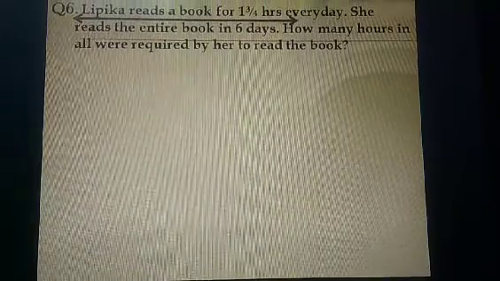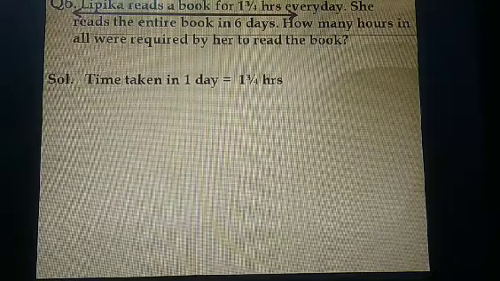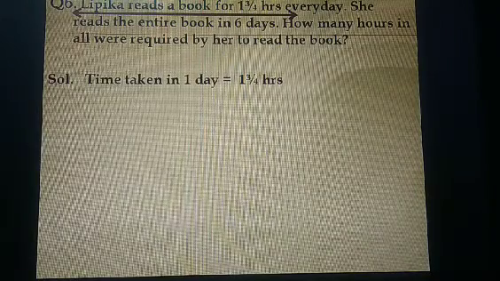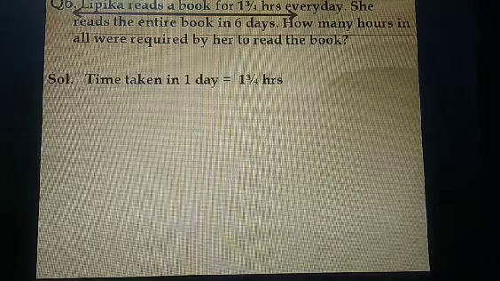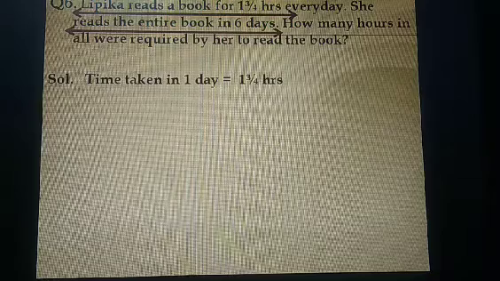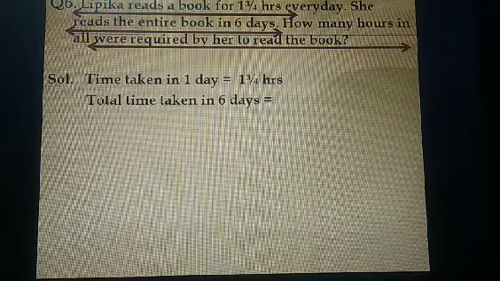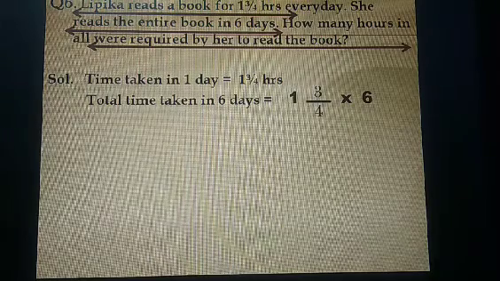So, time taken in 1 day is 1 3 by 4 hours. You have to find the total time taken by her in 6 days. So, time taken in 6 days will be, just multiply the time taken in 1 day by 6.